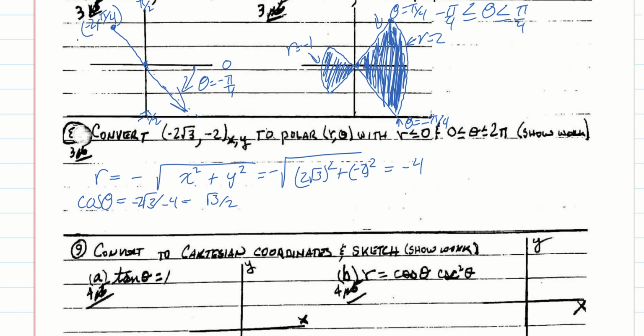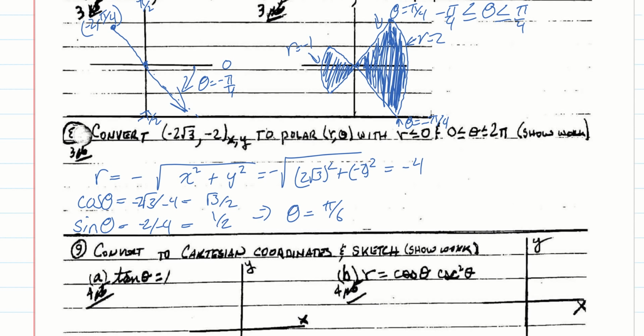And then sine theta, which is y over r, which is -2 over -4, my bad, which equals 1/2. And we know that angle is theta equal to pi over 6, because that's where y equals 1/2 and x equals square root of 3 over 2.